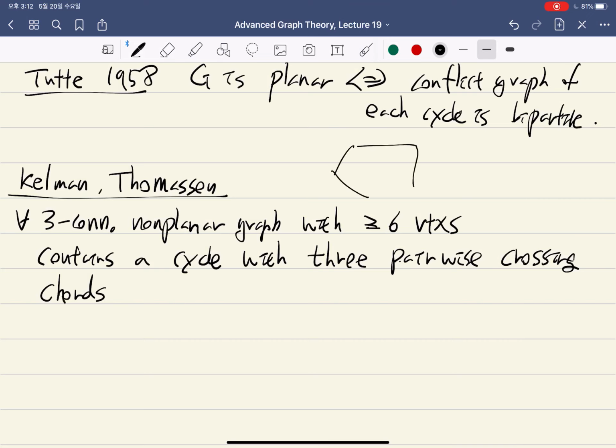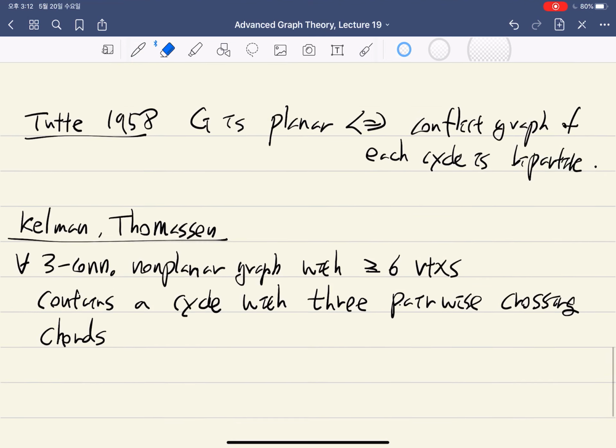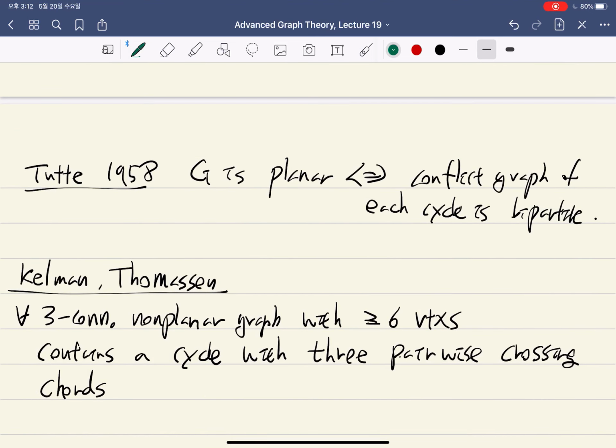Remember, a chord is when you have a cycle and then there is an edge connecting 2 vertices. That's a chord. So this shows that when we have a non-planar graph, then we have a specific substructure.